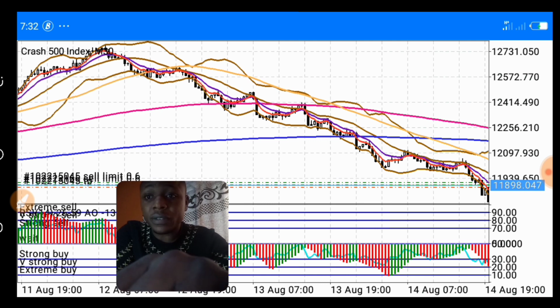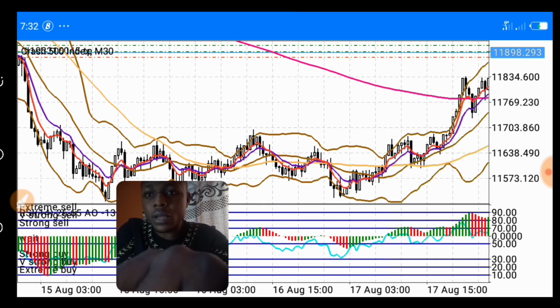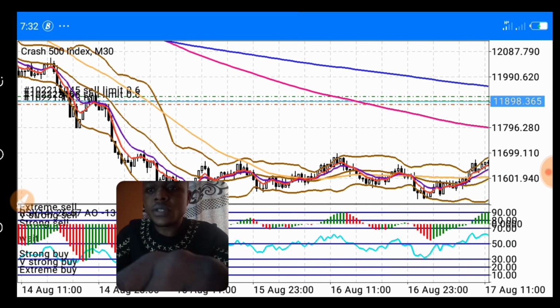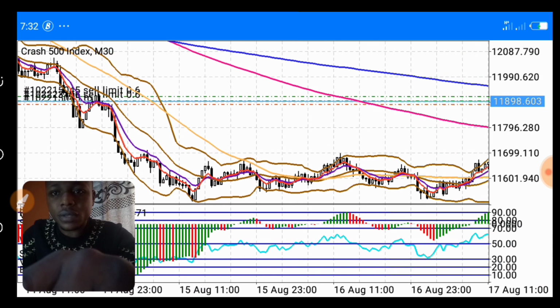Those are the main moving averages they respect and continue where they are going. So that's an example of a strong trend. Now an example of a swinging market. Most traders like this swinging period because it is very good.